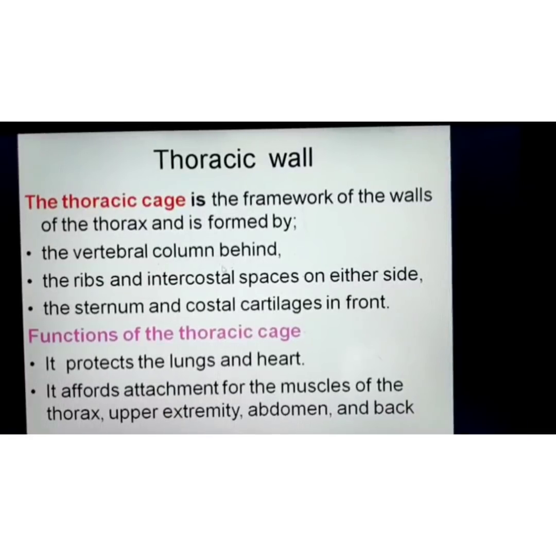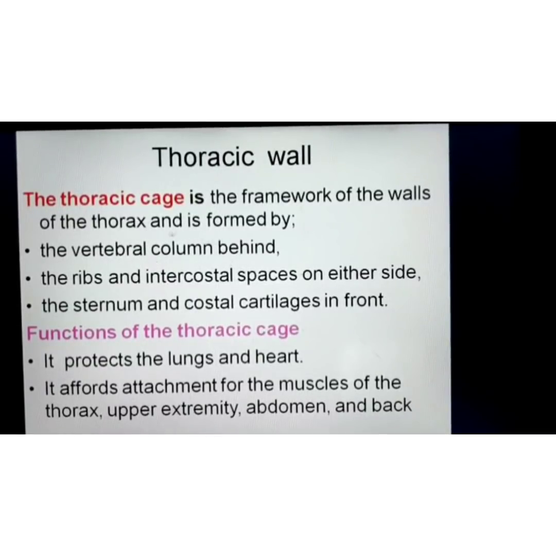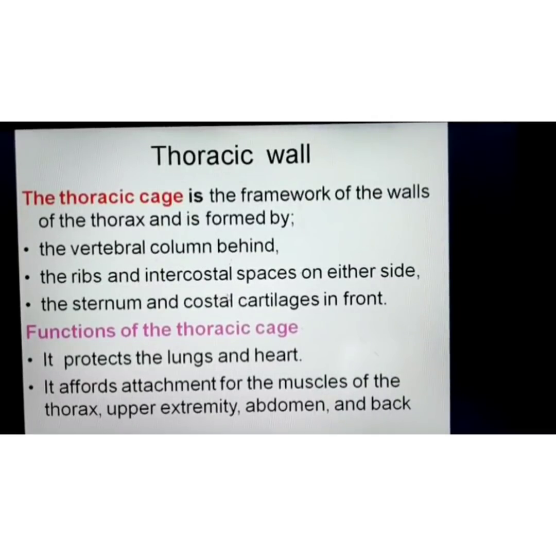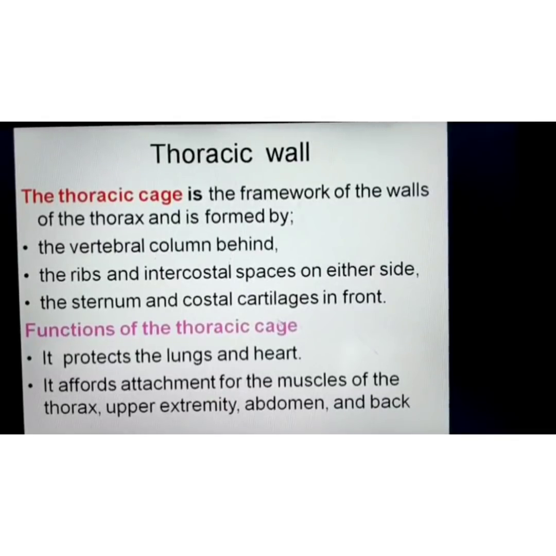Coming to the thoracic wall, the thoracic cage is the framework of the walls of the thorax, which is formed by the vertebral column behind, the ribs and intercostal spaces on either side, the sternum and costal cartilages in front.